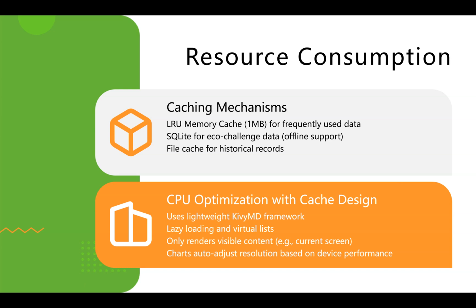To reduce memory and CPU usage, we use a three-level caching system. The first level is the memory cache, which is used to hold high-frequency data. The second layer uses SQLite for offline data storage. The third layer joins the carbon footprint with cross-device flags.